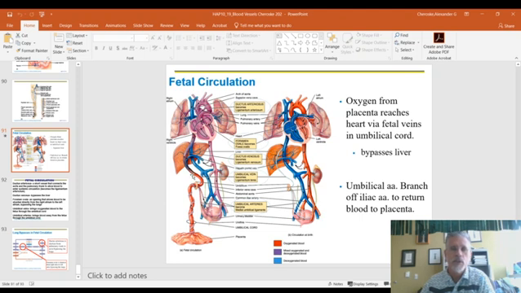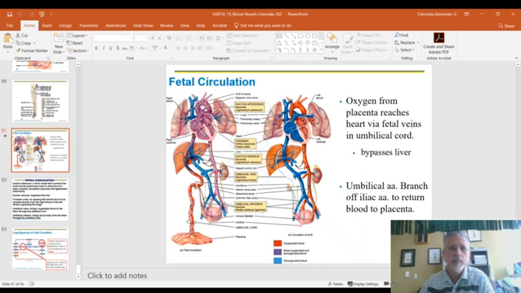Ductus venosus is a shortcut that links our umbilical vein to the inferior vena cava so that we can get this highly oxygenated and nutrient-laden blood from the placenta back into the fetal circulation. And that becomes the ligamentum venosum in the adult, which is just connective tissue, so no function, but connected to the navel that we know, the belly button.